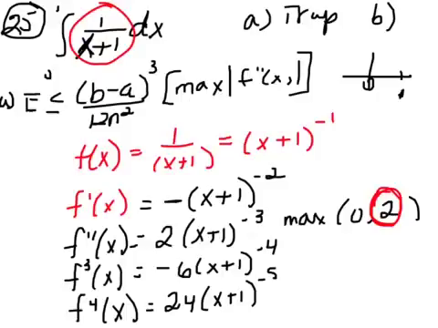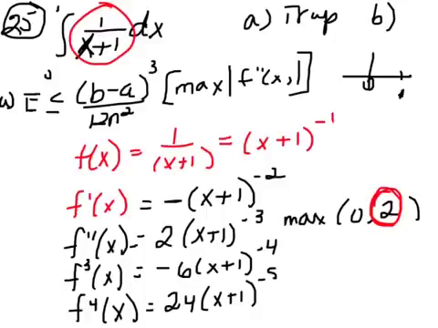Now I'm going to need to do the same thing, because I can see both of the formulas sitting there in the book. So just to save ourselves some time and work efficiently, let's put the fourth derivative formula into the calculator. It is 24 times (x + 1) raised to the negative fifth power. And we're only looking between 0 and 1, so when I graph it, I'm going to keep that in mind.